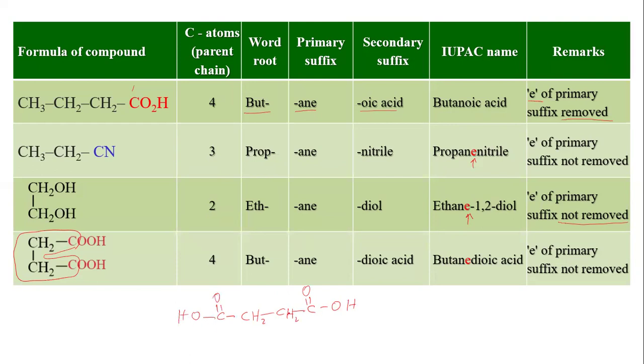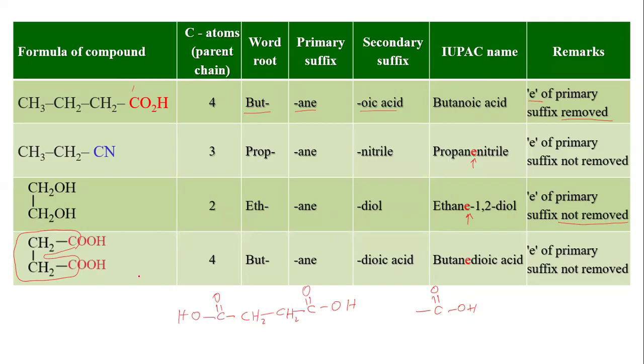It cannot be in between because this is the functional group, so only one valency is free to connect the hydrocarbon chain. So an alkyl group can be only one at one position. So if there is dioic acid, definitely the other oic acid would be on the other terminal.